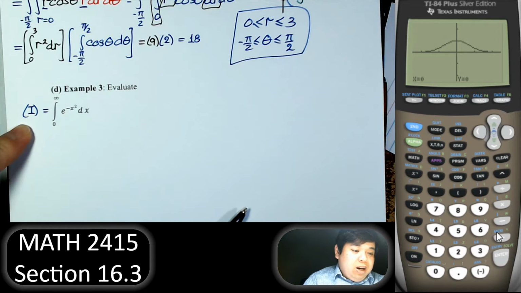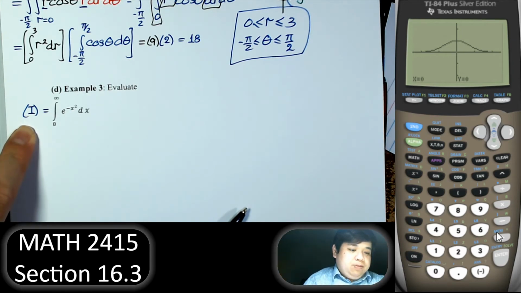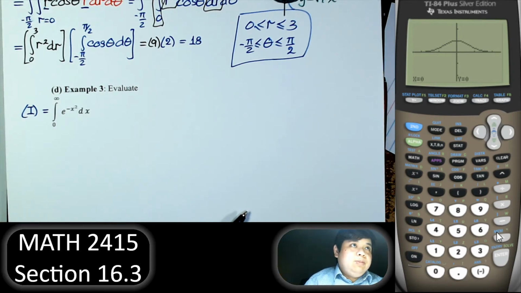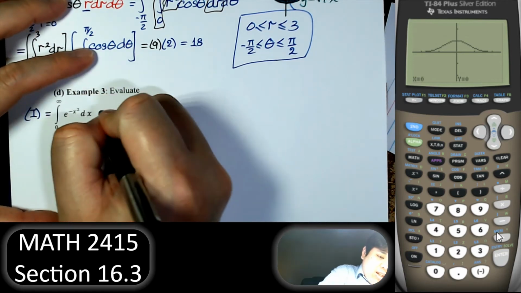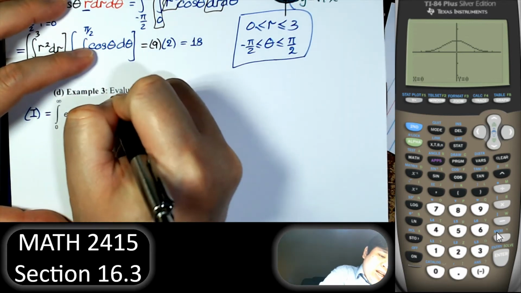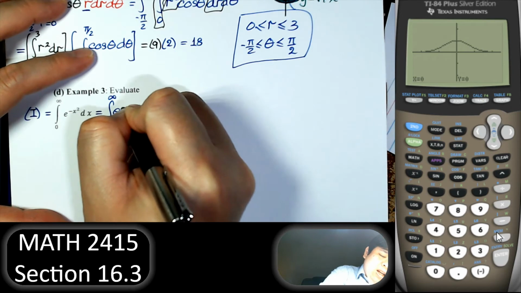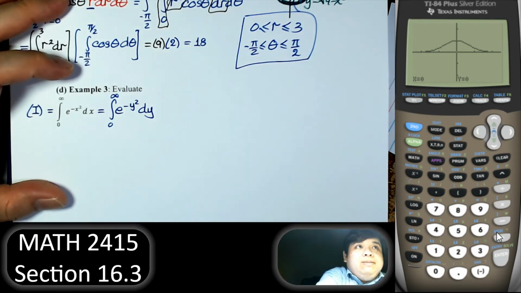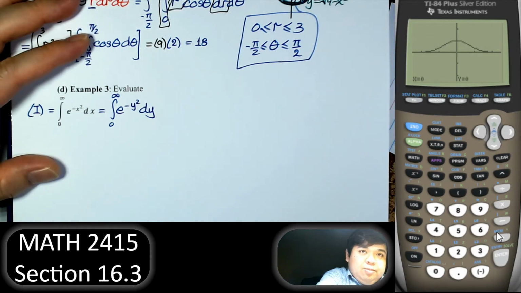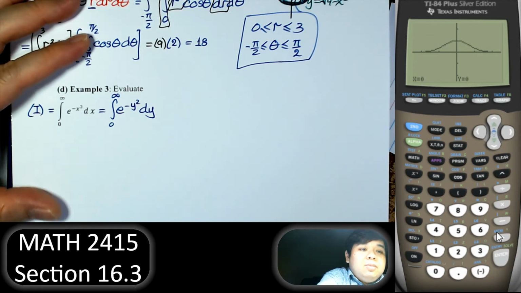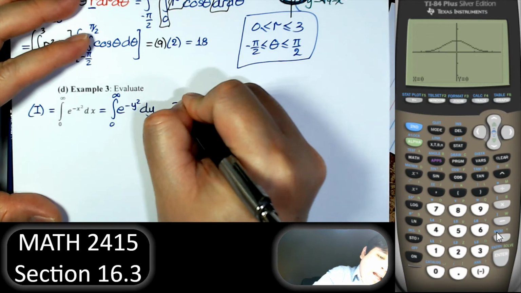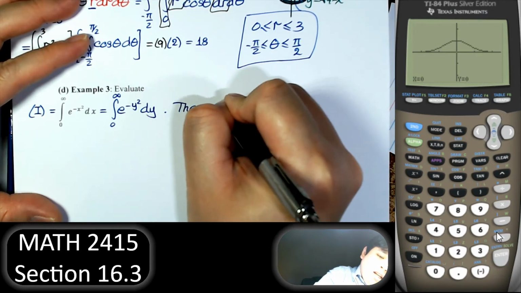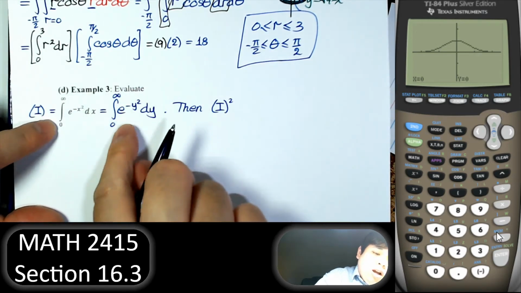First I'm going to let I equal to this. But instead of x, we can also use y, same thing. Now the genius here is that we're going to multiply those two together.